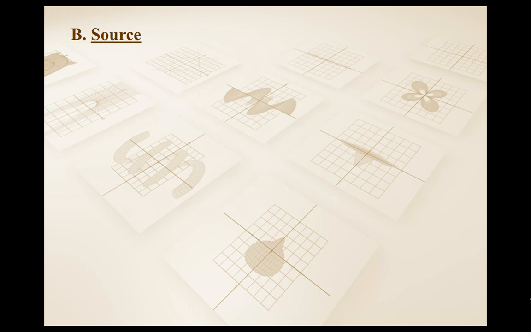Okay, so what's the source of an X-ray? Well, let's take it a step back for a moment and just talk about the source of all electromagnetic radiation. So I'm hoping at this point that if I did ask you what is the source of all electromagnetic radiation, and X-rays are a form of electromagnetic radiation, you would be able to tell me that the source of all electromagnetic radiation is an accelerating charge.